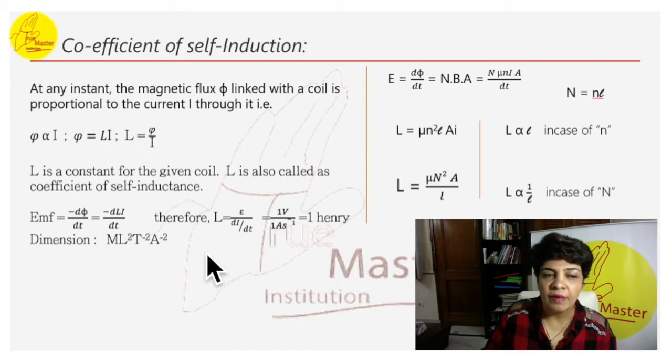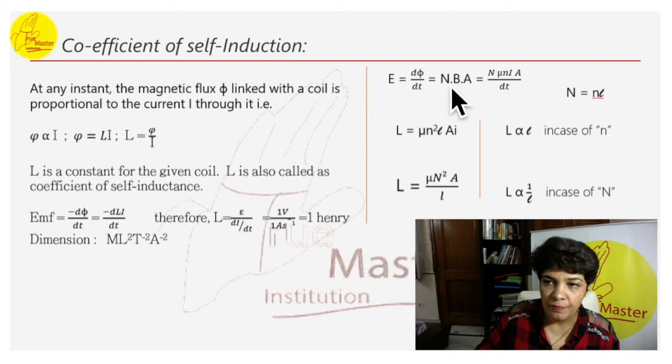Also, EMF is equal to d flux by dt, which equals d of NBA by dt. What was the flux? BA. What is N? N is the number of turns, the number of coils. B can also be written as mu n i. So putting the value of B equals mu n i here, we can write EMF is equal to mu n i A by dt.